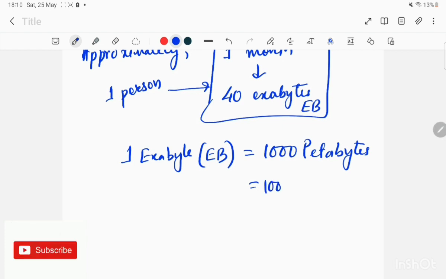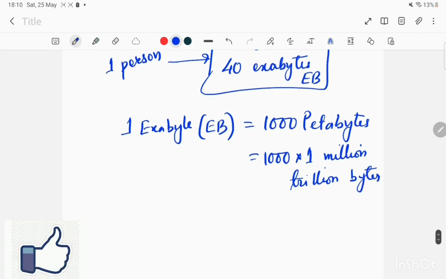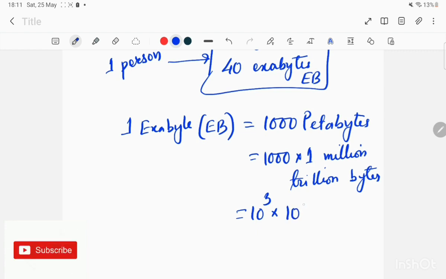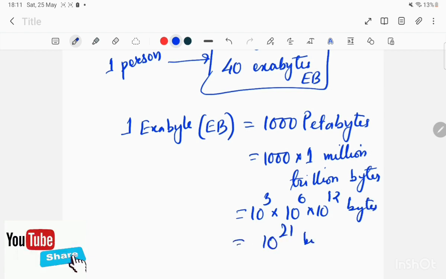So it means 1000 into 1 million trillion bytes. That means 10 to the power 3, 1 million means 10 to the power 6, trillion means 10 to the power 12 bytes. So that means it is around 10 to the power 21 bytes.